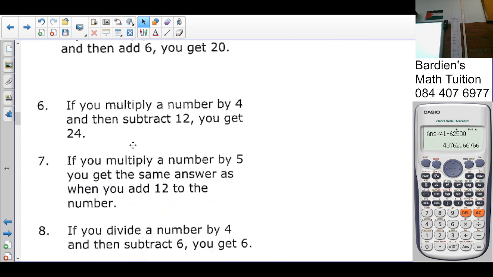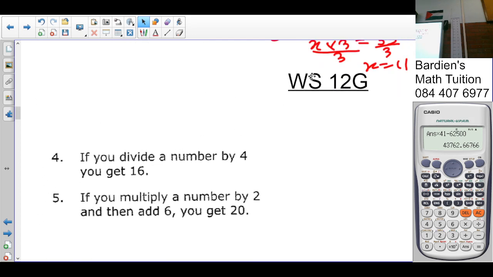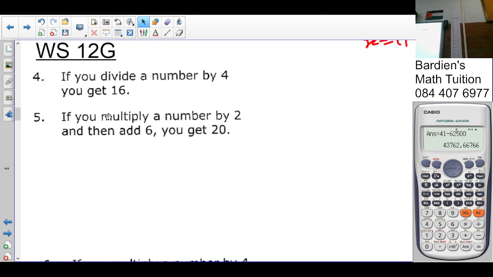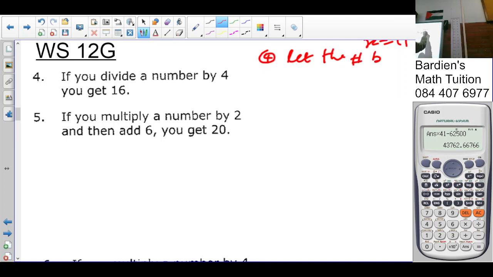Look at number 4. Let's take this down. If we divide a number by 4, you get 16. So what do we say? Let the number be x.